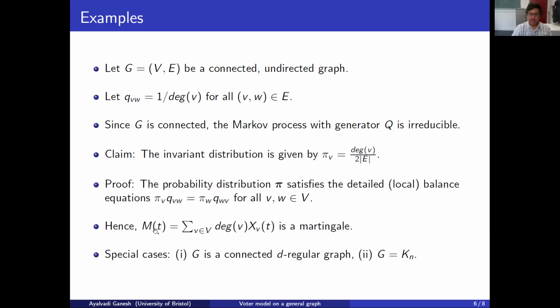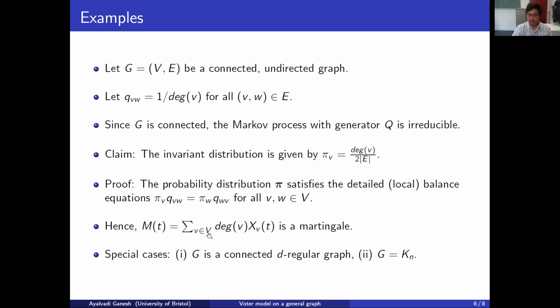And then this is saying that if you just take the sum over all vertices of its state, 0 or 1, that is a martingale. So the number of vertices with opinion 1 is a martingale. Degree V is a constant, you can pull it out. It doesn't play a role.